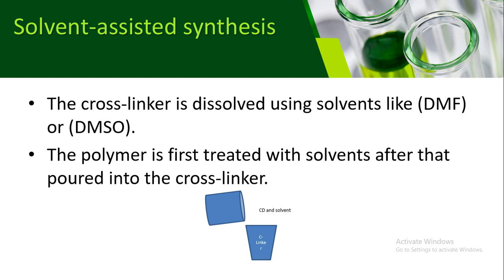Firstly, the polymer is treated with the solvent. After that, it is poured into the cross-linker in order to get cyclodextrin nanosponges.